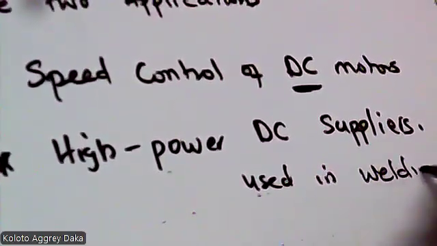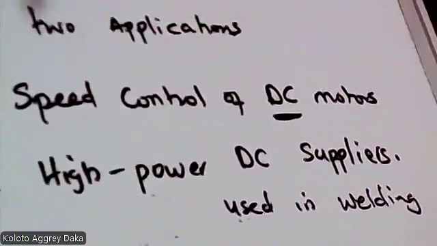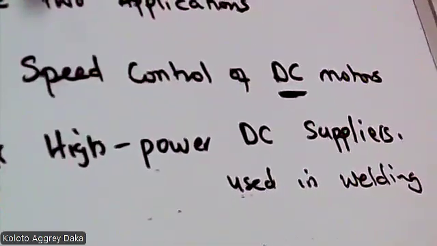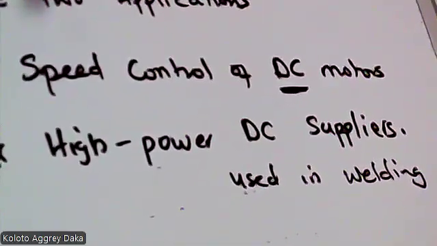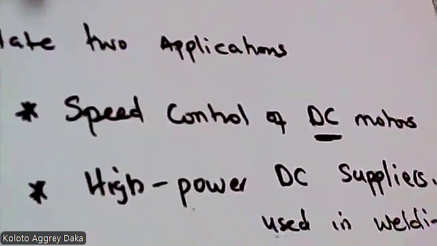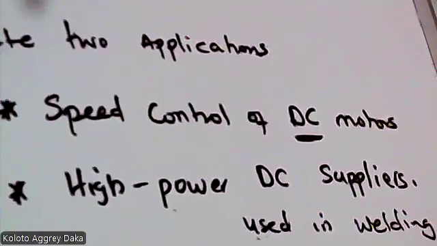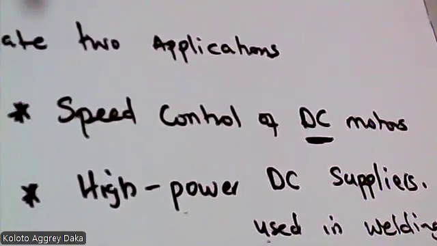Welding is one of the examples. Those machines that use TIG welding, MIG welding, they use rectifiers. DC phase controlled rectifiers. Is that okay?